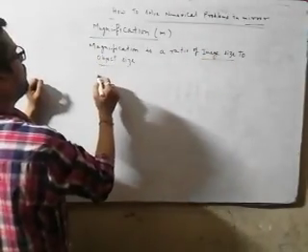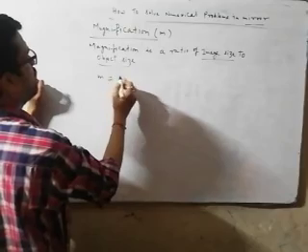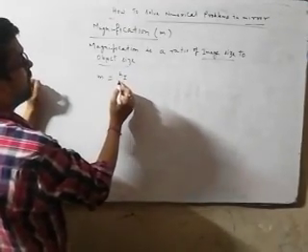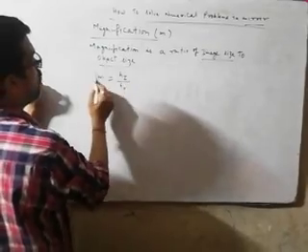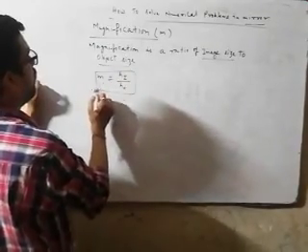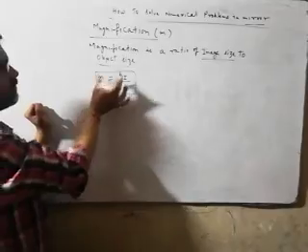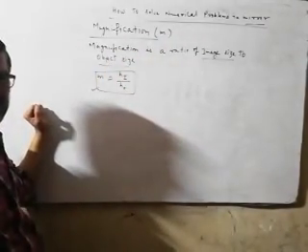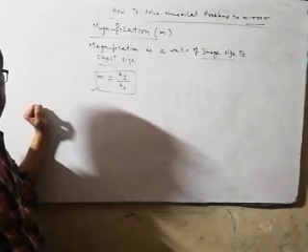That means magnification M is generally HI by HO. HI means size of image. HO means size of object. This is a general term that we use in case of mirror or lens or for any optical instrument.